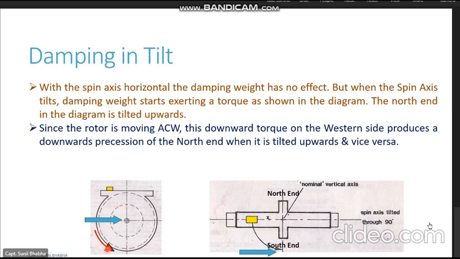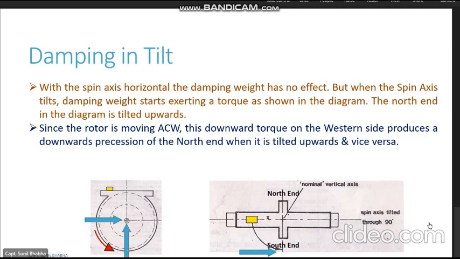So this is the direction represented by the maroon color arrow in which our rotor is spinning. It is anti-clockwise direction when viewed from the south end. So now the gyroscopic precession says that this force which is being applied to the south end of the spin axis is turned by 90 degrees in the direction of the spin and will be applied like this.